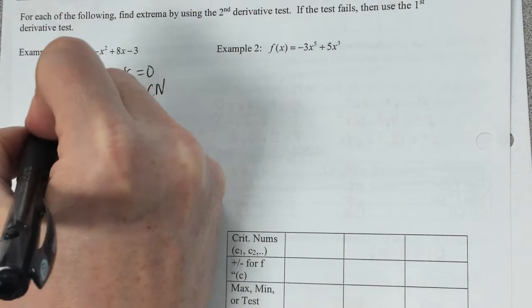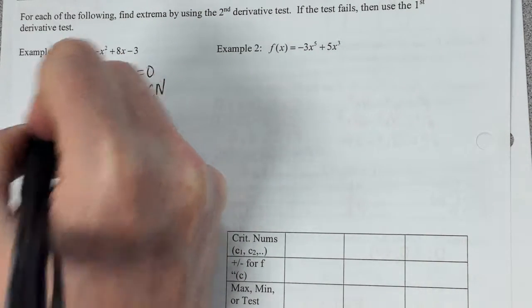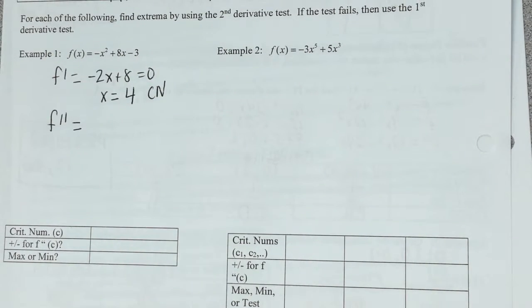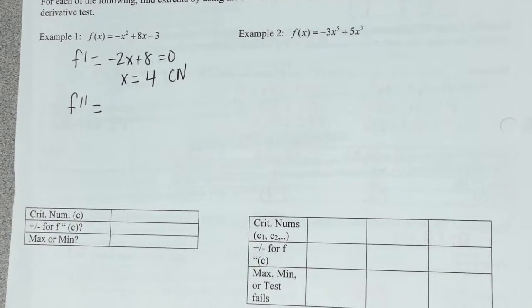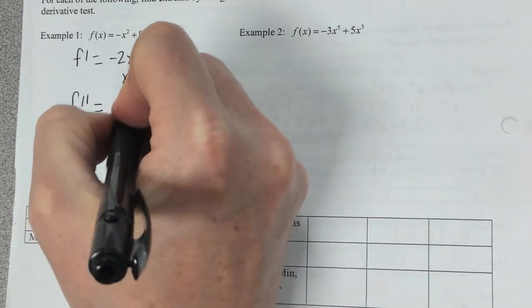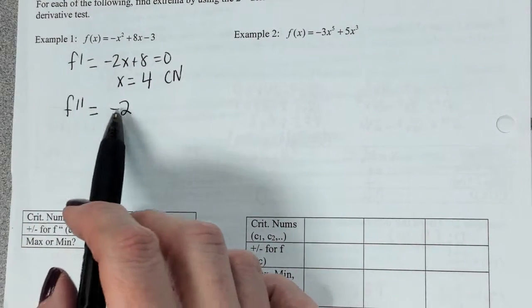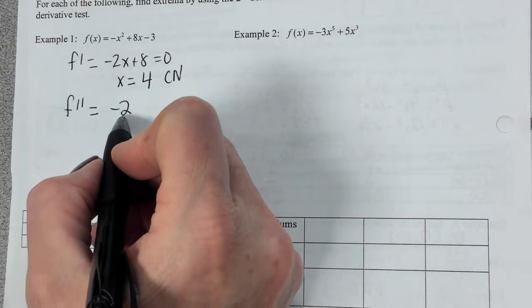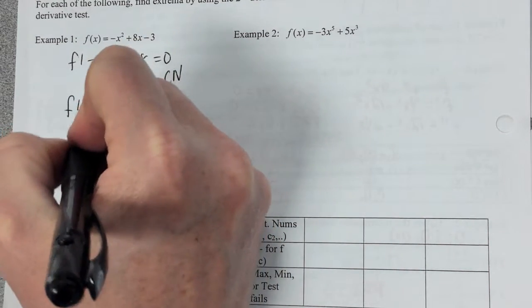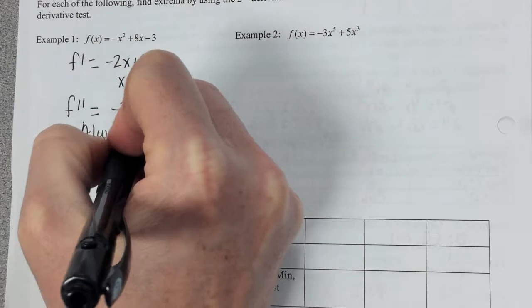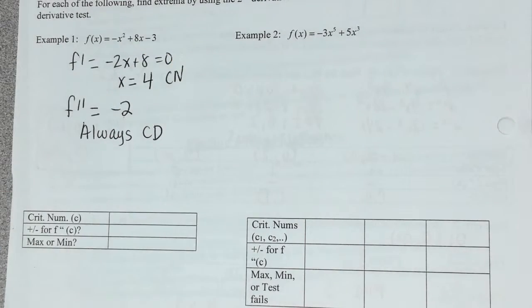Now we're going to take our second derivative. Jackson, what's the second derivative? Negative 2. What that tells me is there's no x with this. So the second derivative is always negative. So that means that this function is always concave down.